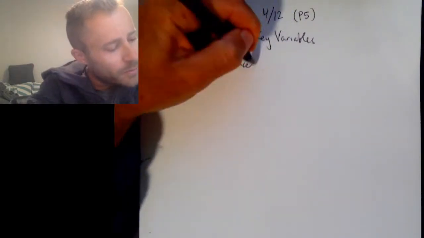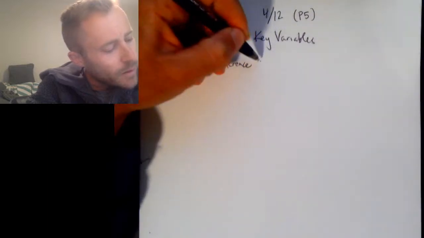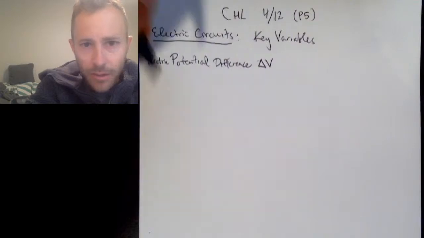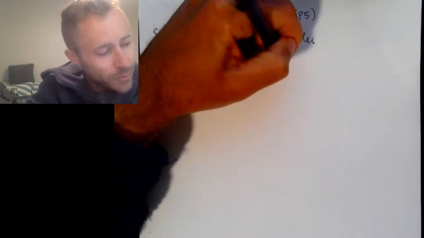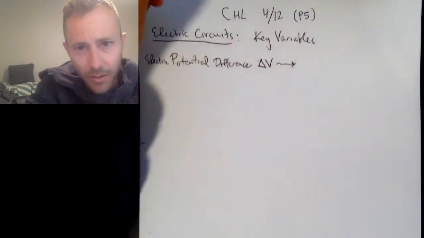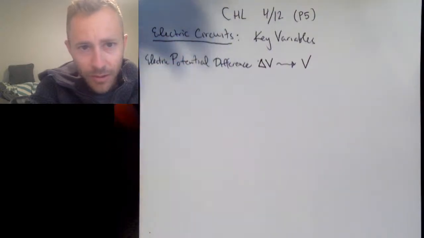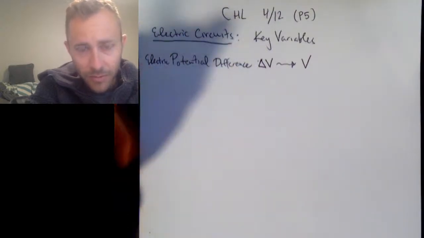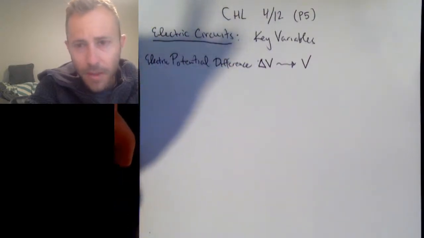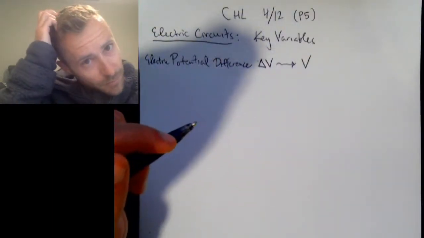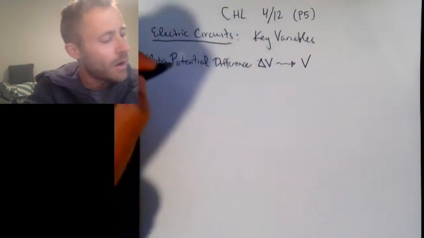That is delta V. But in the context of circuits, because we're pretty much always talking about electric potential difference, we just call it V. Even though it means V final minus V initial, we will write it as just straight up V most often.